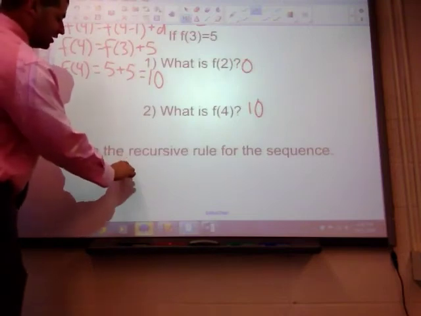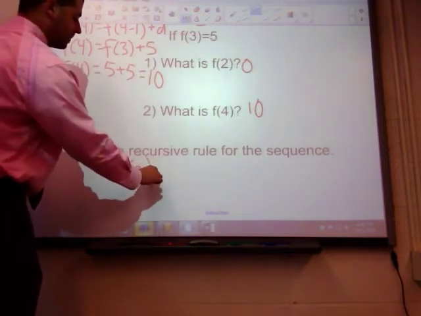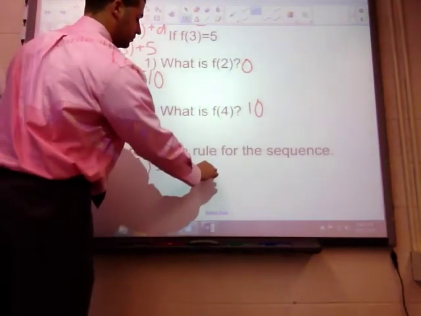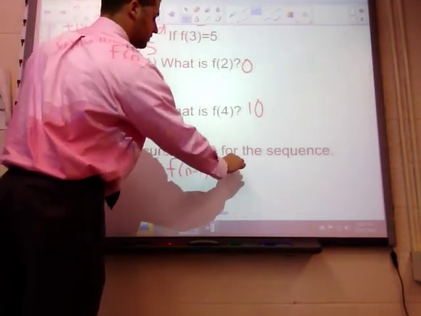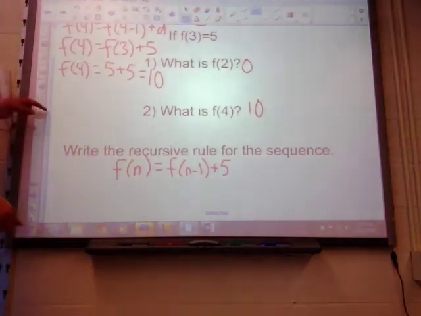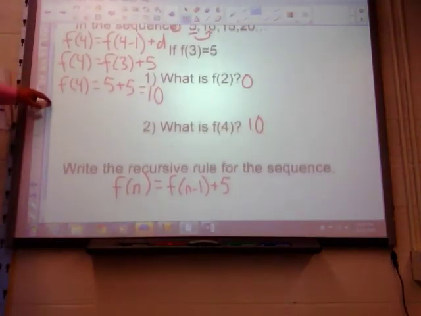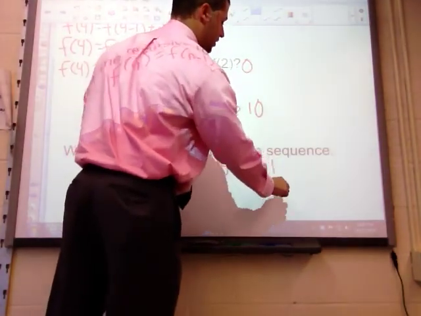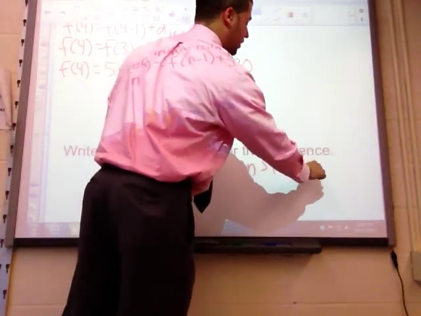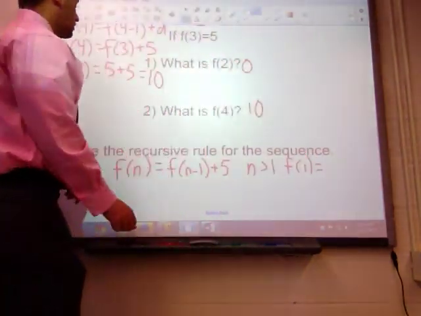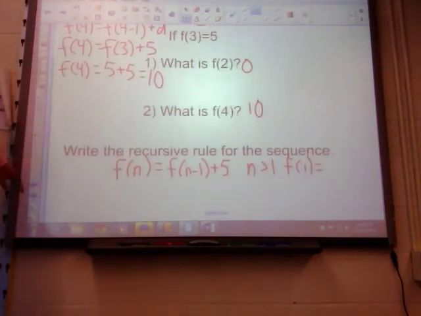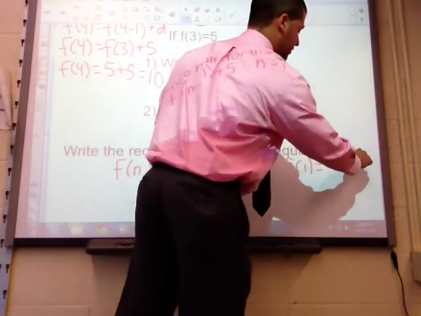You would say that f of n equals f of n minus 1 plus 5, since we're adding 5 each time. And we're going to say n greater than 1, and f of 1 would equal, well, if f of 2 equals 0, f of 1 would be negative 5.